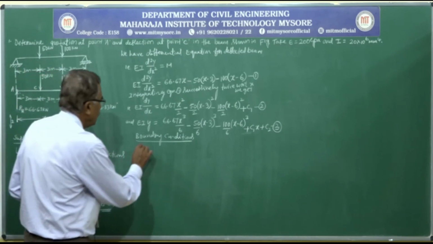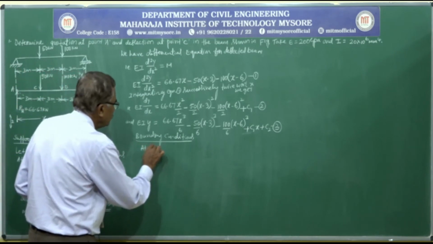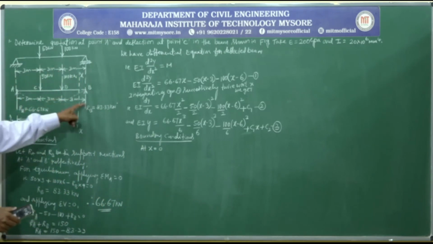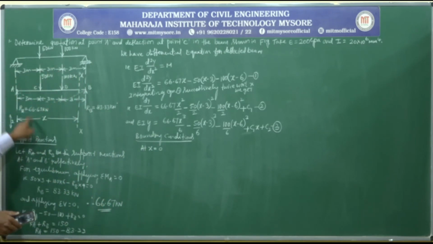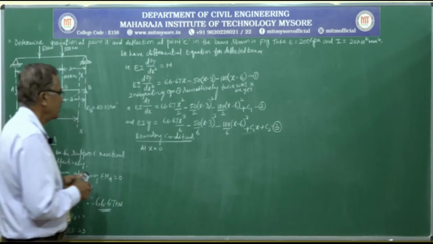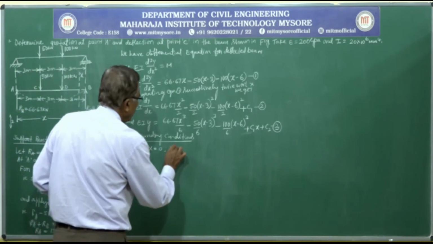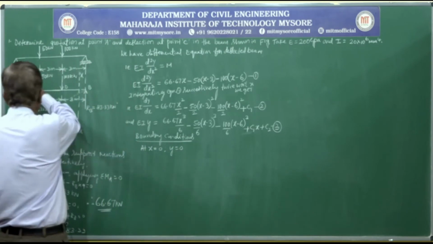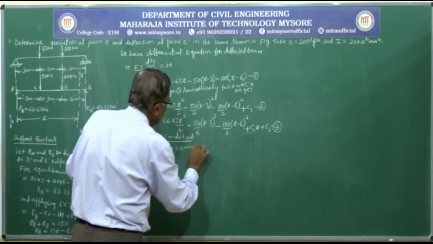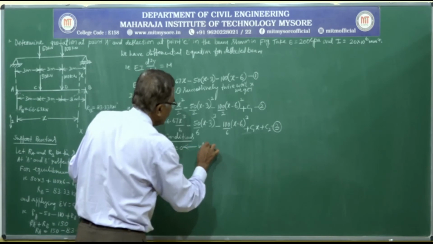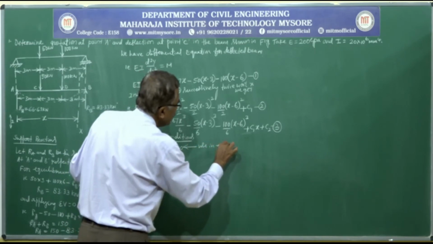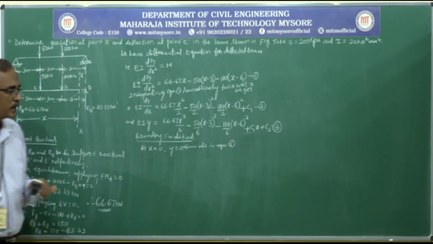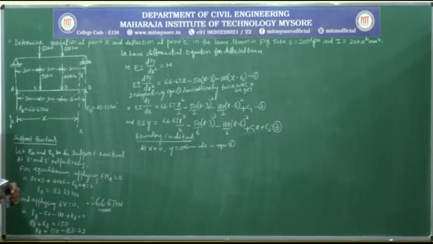Next, at x is equal to 0, because x varies from 0 to L, 0 to 9 meter, y is equal to 0. Deflection equal to 0 means there is no displacement. Use x is equal to 0, y is equal to 0 in equation 3.